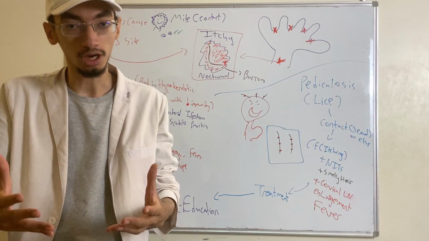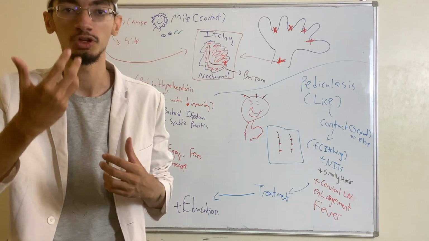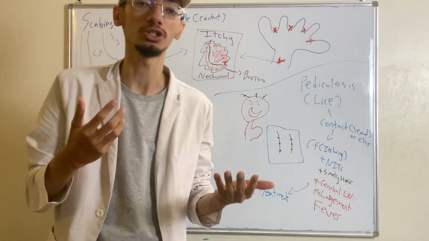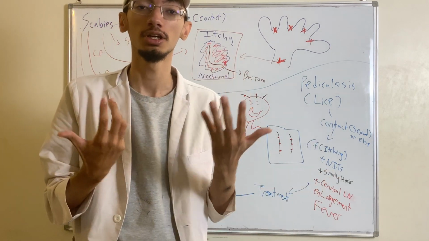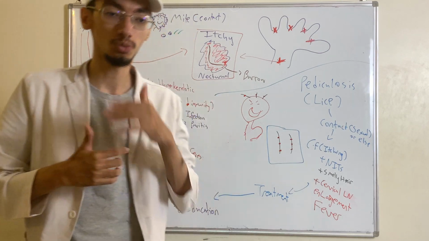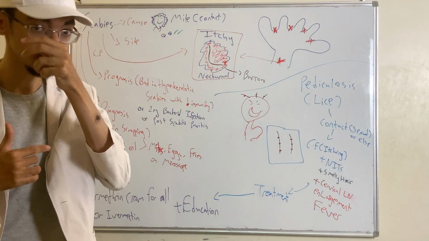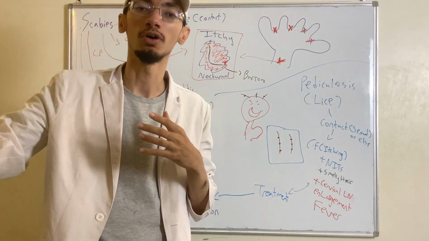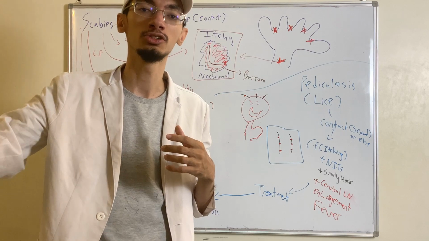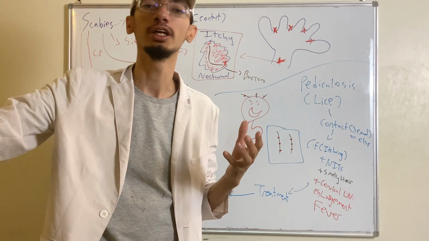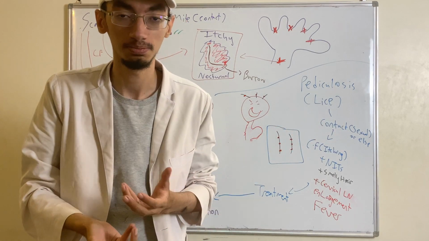Or the last cause as to why there might be failure of treatment of scabies is maybe they didn't apply the medication. Maybe they just didn't apply it, and as a result, scabies is still prevalent in the family. So that's why if a patient still has scabies despite treatment, it might be resistance or it might be something involving the family. Maybe someone didn't get treated, maybe they didn't apply the medication correctly, maybe they didn't put the medication on at all. Who knows, okay?